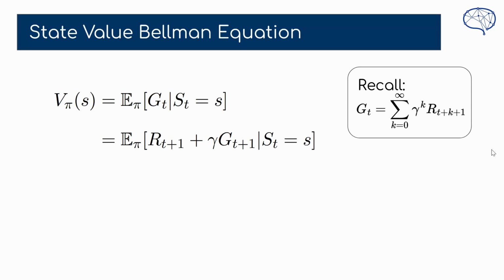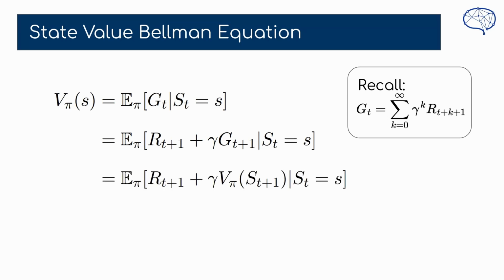To review, gamma is how much you want to consider future rewards, or how important you want future rewards to be in your calculations. And this G_{t+1} you can just rewrite as the value of your next state.